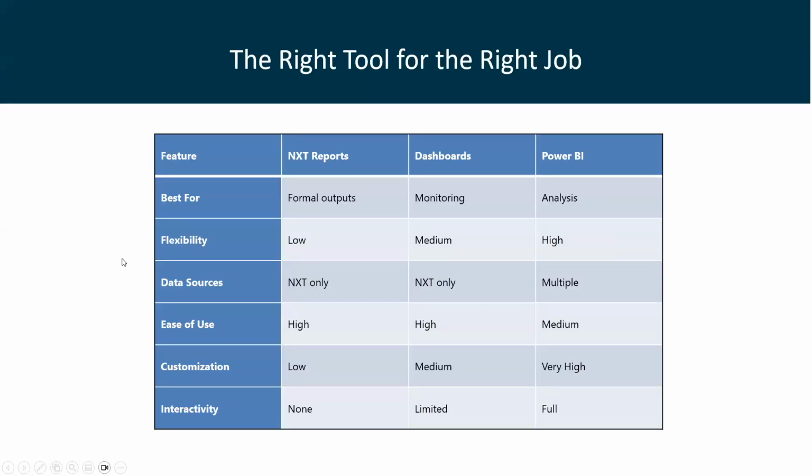All right, so let's talk about the right tool for the right job. We're going to be talking about reports, dashboards, and Power BI, the new shiny kid on the block. With NXT reports, if you've never used them, these are the canned reports that are in NXT. They're also in database view, and they're really great for formal outputs.